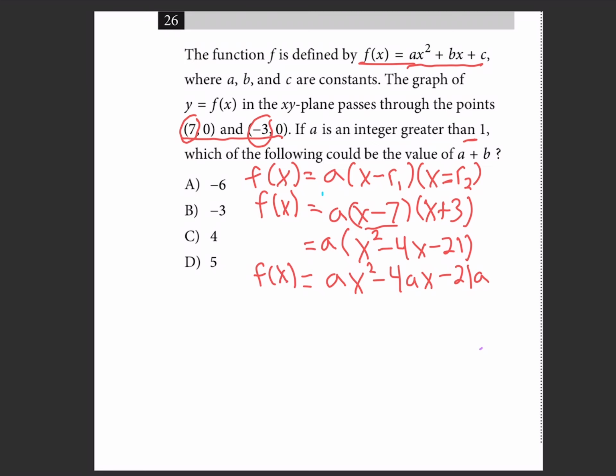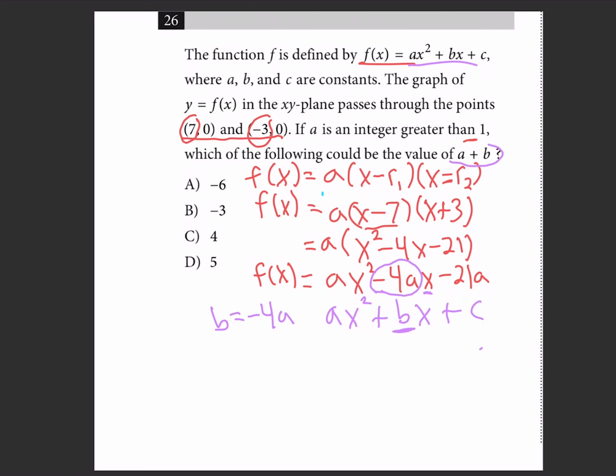The model for the quadratic is ax squared plus bx plus c. Notice in the spot for b we wrote negative 4a, because this is the x term. So really b we can find is negative 4a in this case. So I know b is the same as negative 4a.